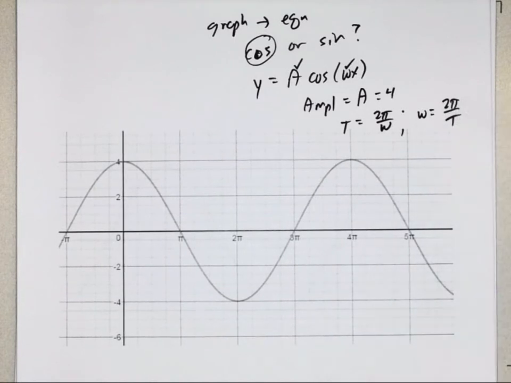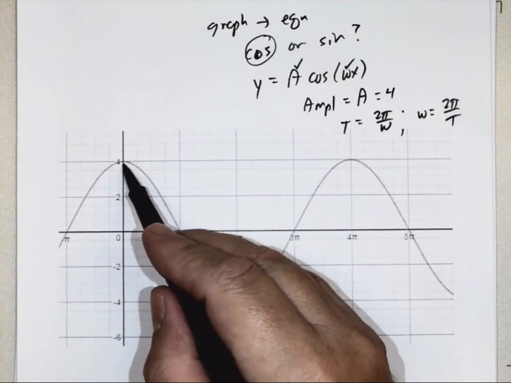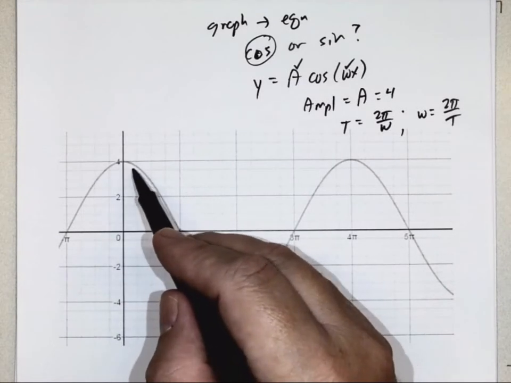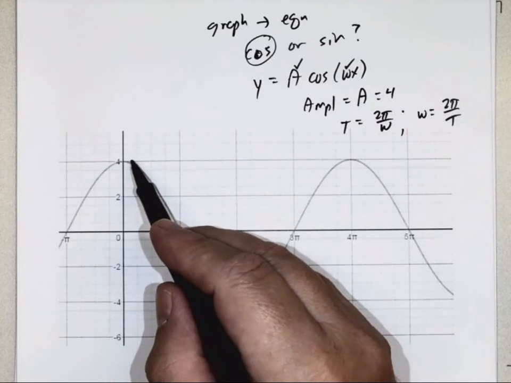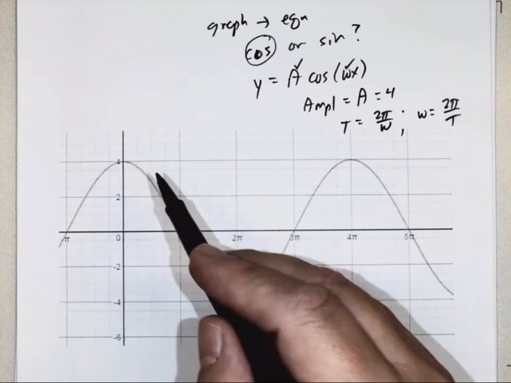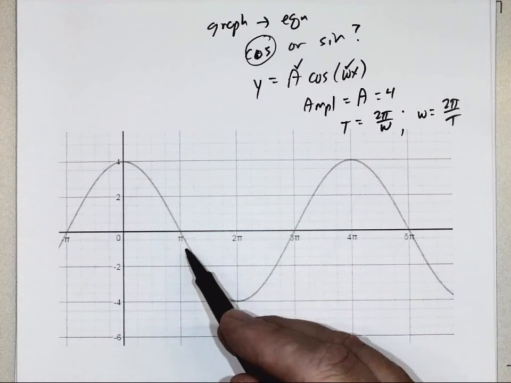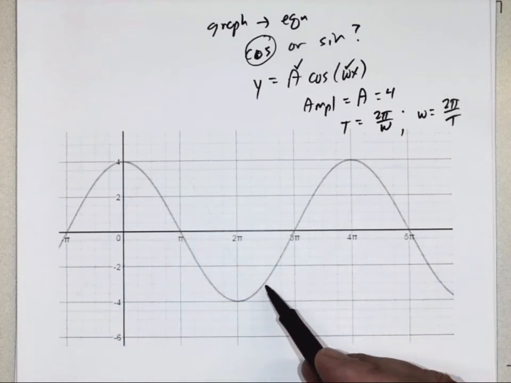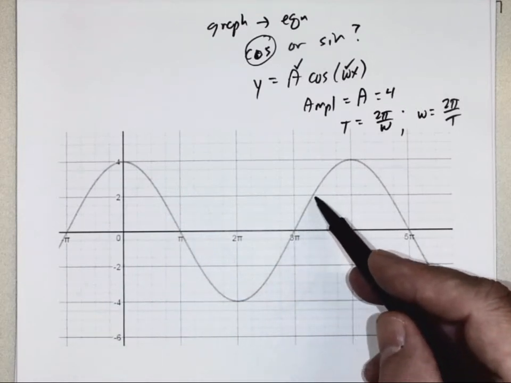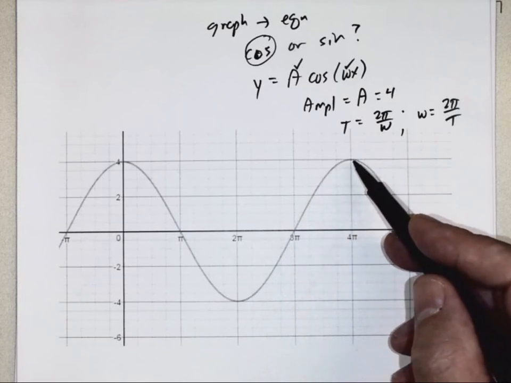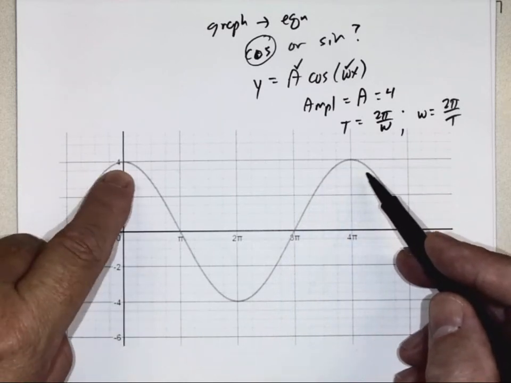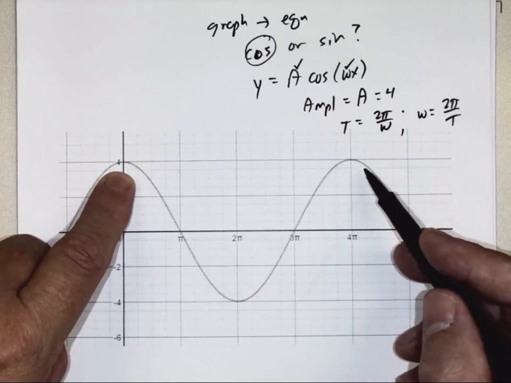Well, I can look at the graph and find the period. Remember I said the period is how far it takes for the graph to begin to repeat. The easiest thing to do is start here at 0 and it's going down. So I'm going to keep tracing my graph until I get to the top and go down again. So here I go down, down, down, down. I'm at the bottom. I come up. I haven't started repeating yet. I come up, I come to the maximum and then start down again. At this point, I'm beginning to repeat what's over here.